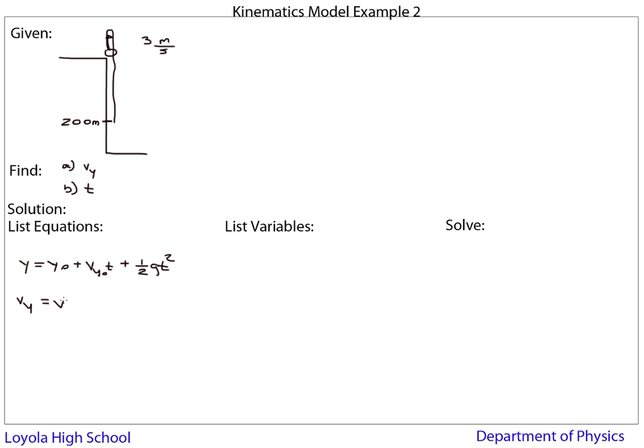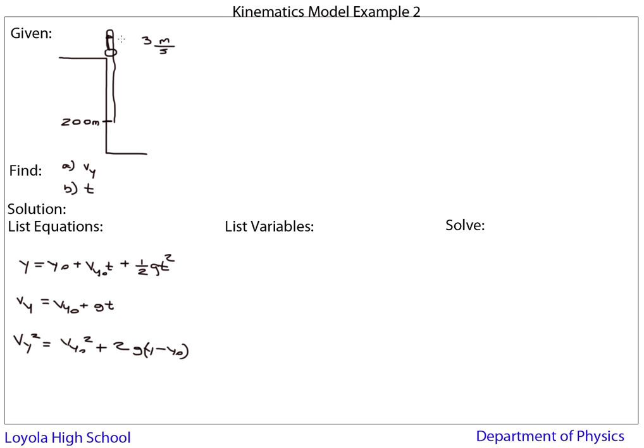Vy is equal to vy0 plus gt. So wherever we had a before, we're going to use the special acceleration g. Vy squared is equal to vy0 squared plus 2g(y minus y0).